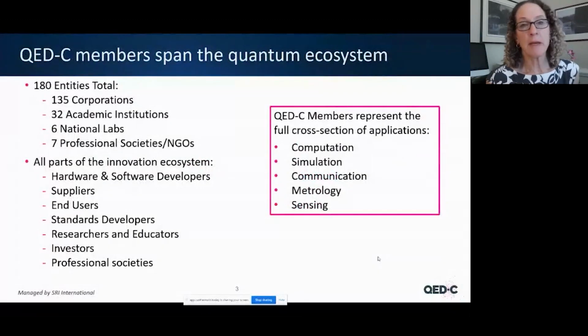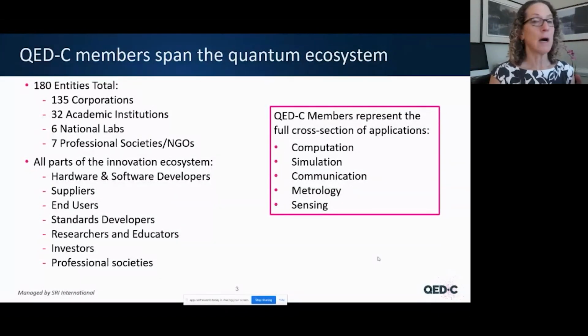The Quantum Economic Development Consortium today comprises 180 organizations, mostly, over 130, are U.S. corporations. So right now we're working within the U.S., but during 2020, we expect to open it up to beyond just U.S. organizations.